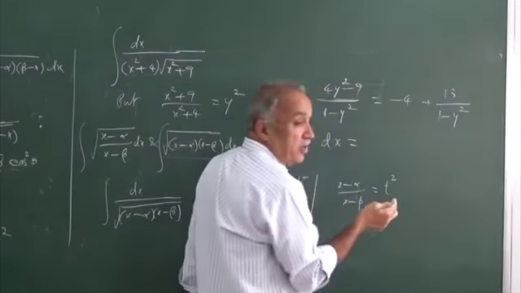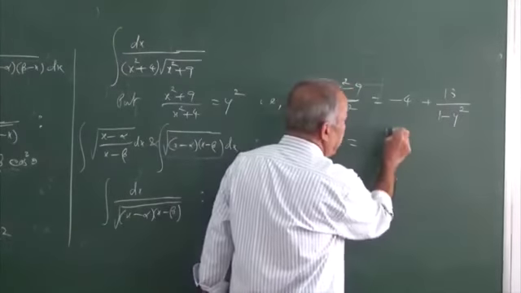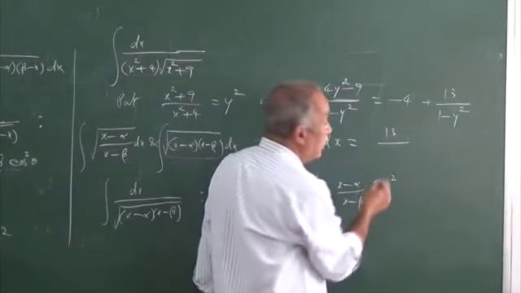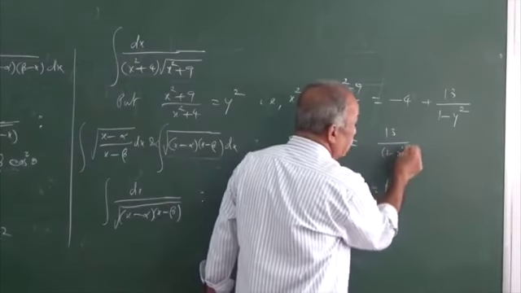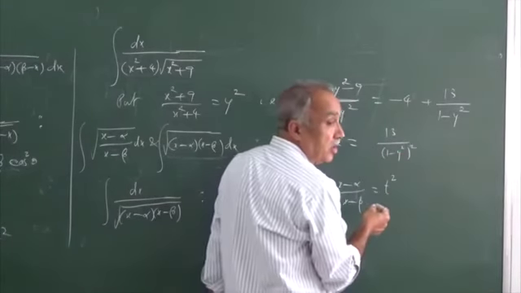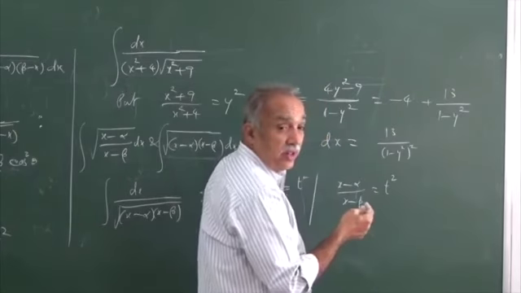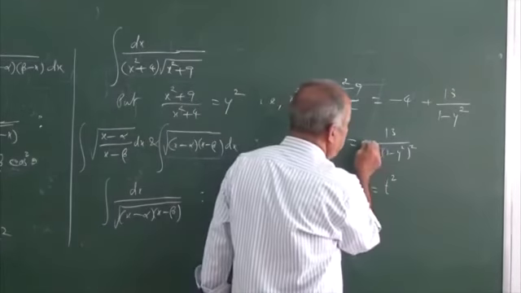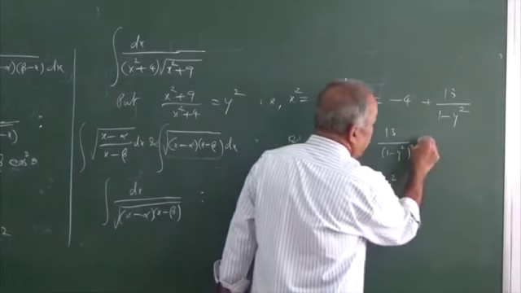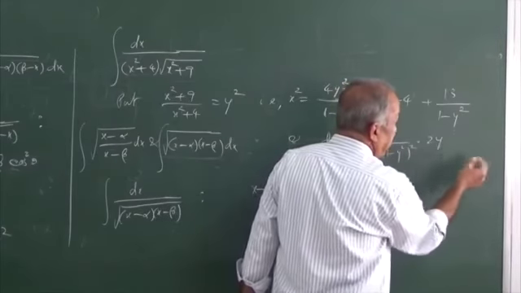What is derivative of this? 13 by 1 minus y square whole square into 2y, or minus 2y? Minus 2y, minus this into 2y dy.